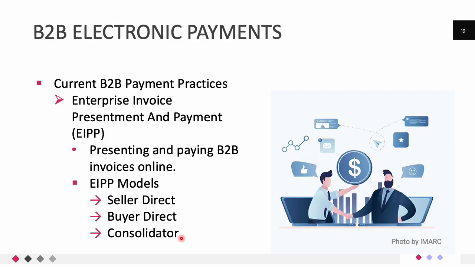And finally, there's the consolidator model where a third-party company acts as the middleman and handles invoice processing for multiple businesses. Okay, kind of like how a payment processing company might handle credit card transactions for many different stores.